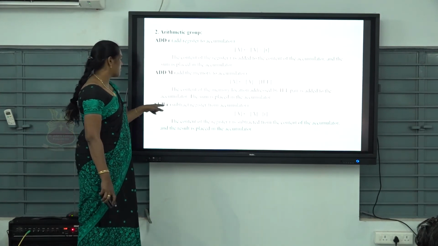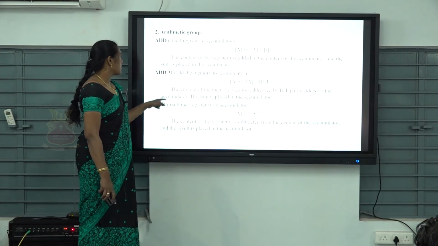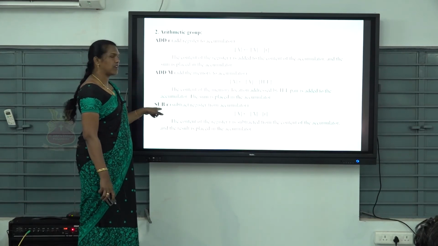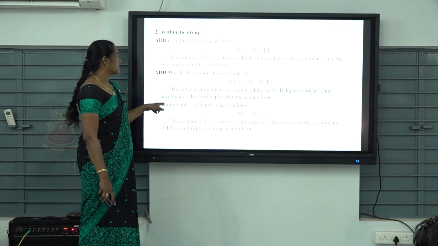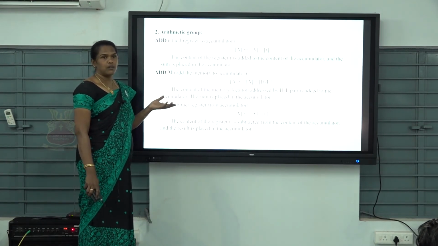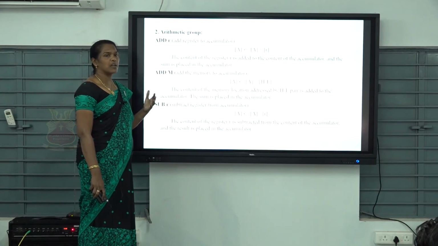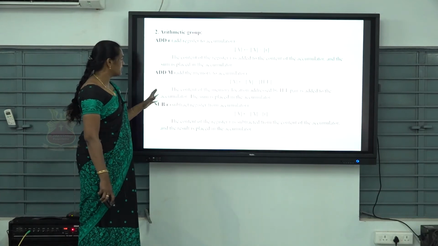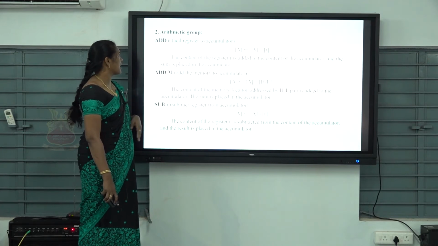Then SUB R. Here R may be similar to add R, but the opcode may change. In second year you will study it elaborately and do the practical also, then you can understand clearly.